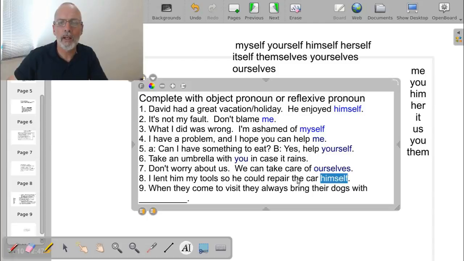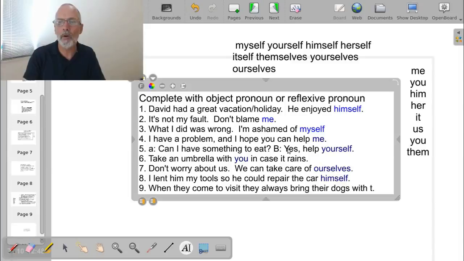And finally, we have when they come to visit, they always bring their dogs with themselves. Unfortunately not, because this one is like the take one, and we need to just use the object pronoun.